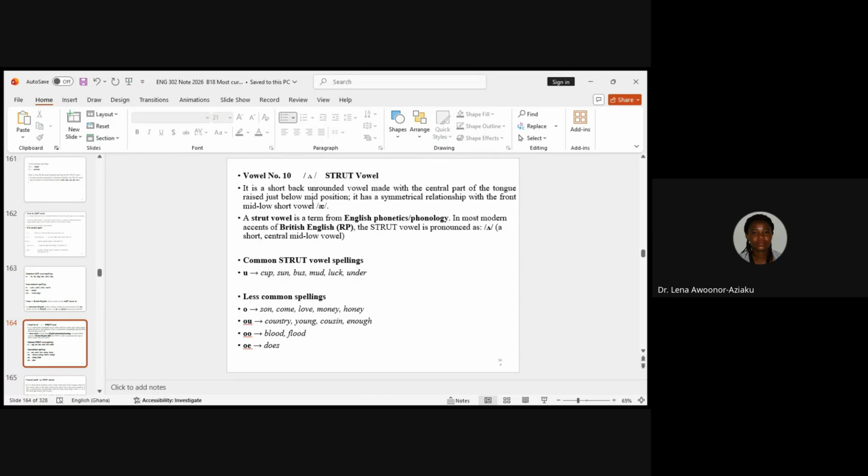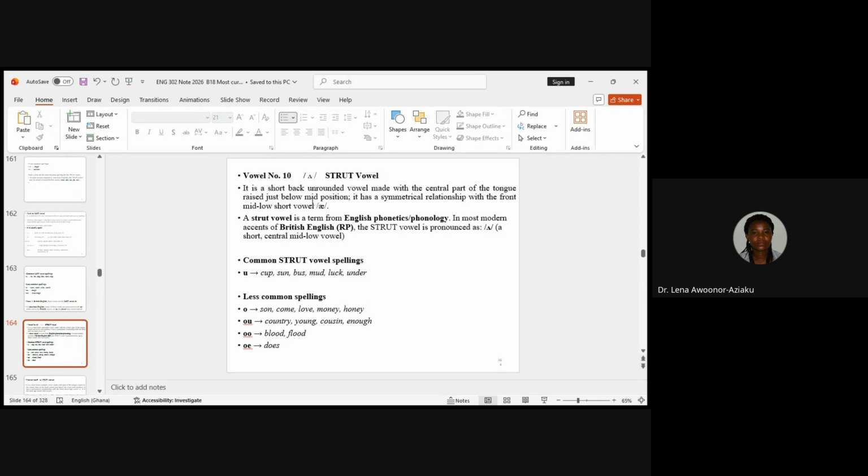It's not the strut vowel, it's the strut vowel. And so words that have U, for example, in Southern England, they will say cup, not cop. Son, bus, mud. And then we have son, S-O-N, that's the spelling as O. And then we have O-U as in country.